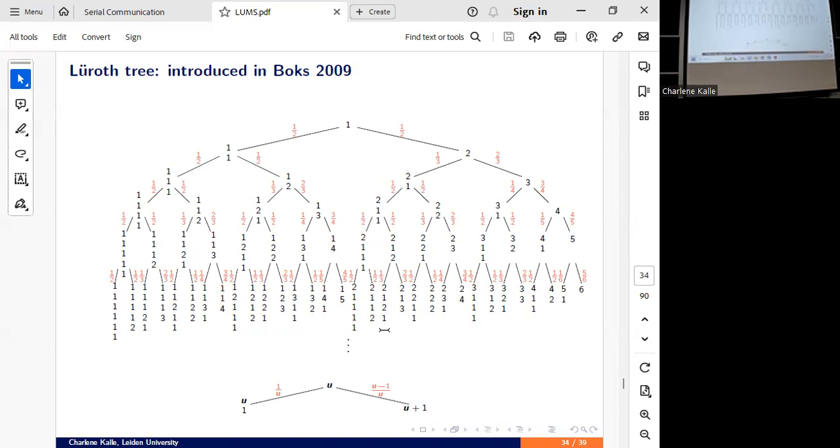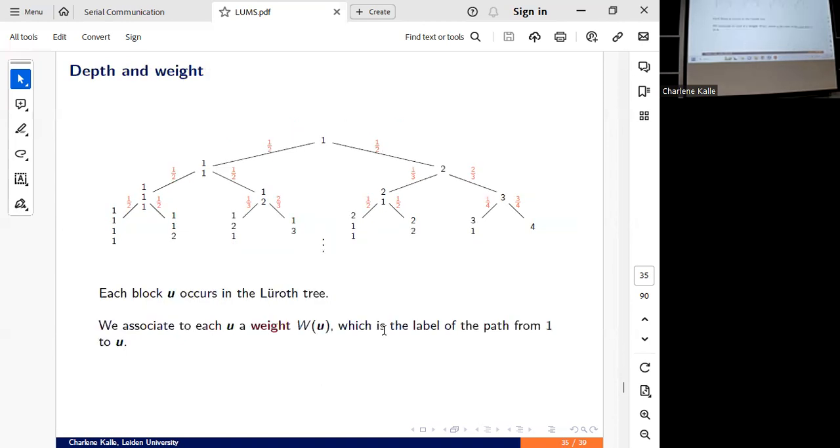And then what we did was walk through this tree and use the weights to determine how often we would put the number there. So you put a weight to each node, which is just the product of the probabilities. So each block has a probability, which comes from walking down the tree to that point.